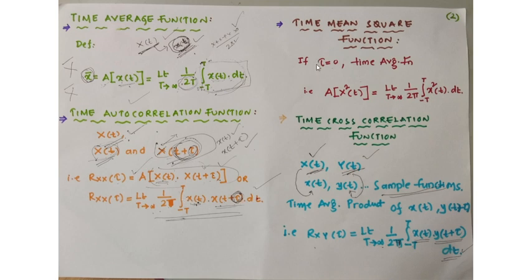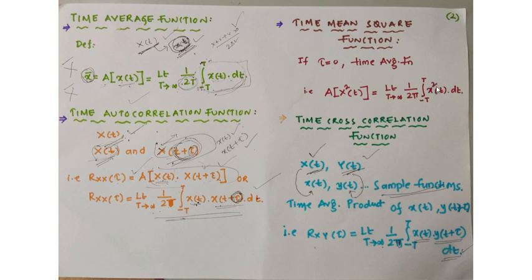So if tau equals 0, the time average function is given by the mean of x of t into x of t, that is the average of x square of t, equals the limit T tends to infinity of 1 by 2T integral from minus infinity to plus infinity of x square of t dt. This is called the time mean square function.